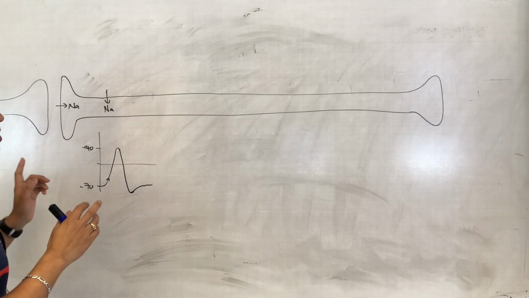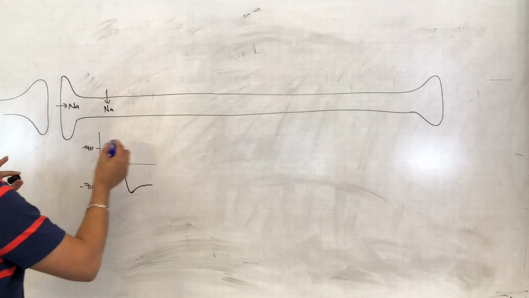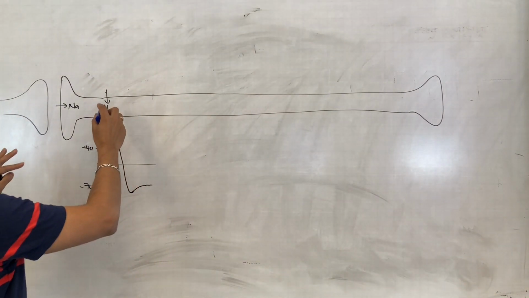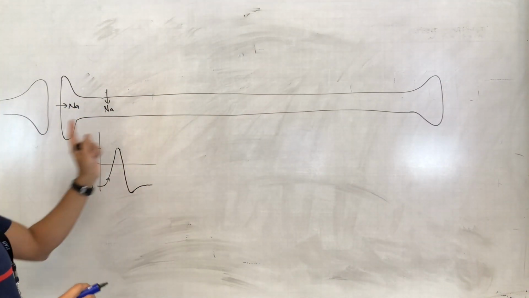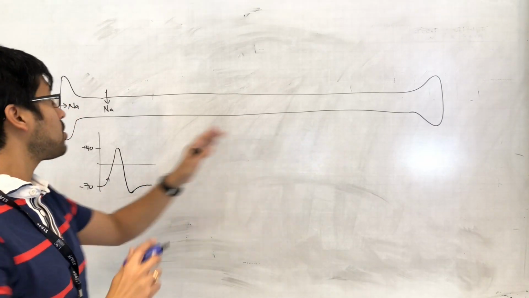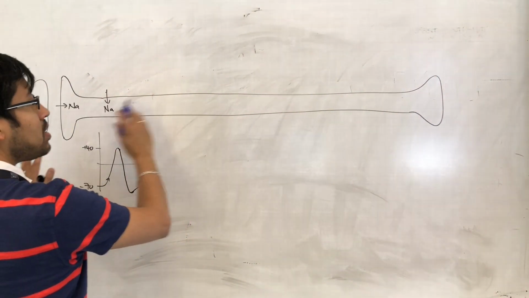Right, and now what we'll just quickly discuss is how the impulse moves. The impulse has happened here, so how does it move?